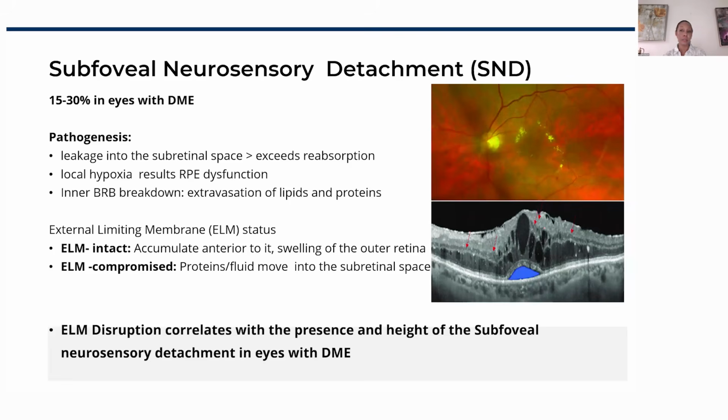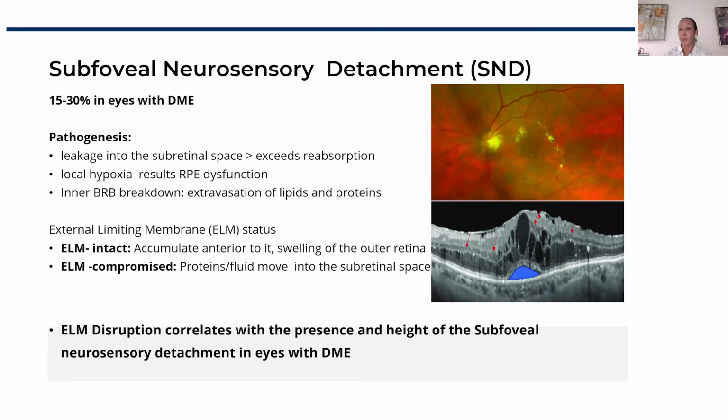So yes, you see the intraretinal cysts, but you also see subfoveal detachment. It's thought to occur because leakage into the subretinal space exceeds the amount of reabsorption that is occurring. And the local hypoxia causes RPE dysfunction, which causes further collection of fluid, in addition to the inner blood-retinal barrier breakdown and the exacerbation of lipids and proteins.